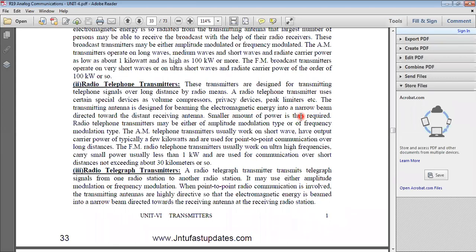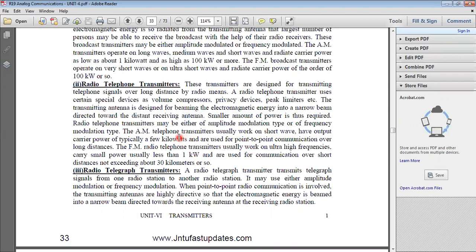Again in radio telephone transmitters, we have two types, that is AM telephone transmitters and FM radio telephone transmitters, depending on the range used.